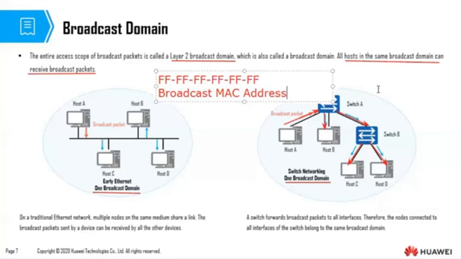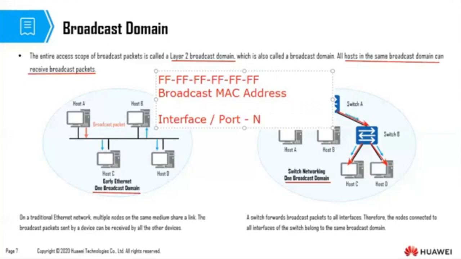And each network interface card gives us a port or an interface, what we call an interface, or sometimes we call it a port. This normally is provided by the network interface card, NIC, and the NIC will have a unique MAC address. So that is what we call a broadcast domain.